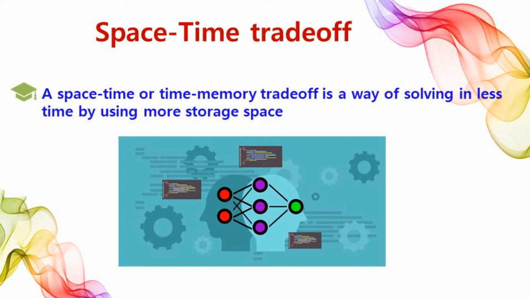Space-time trade-off. A trade-off is where one thing increases and another must decrease. Space-time trade-off is a way of solving a problem or calculation in less time by using more storage space.